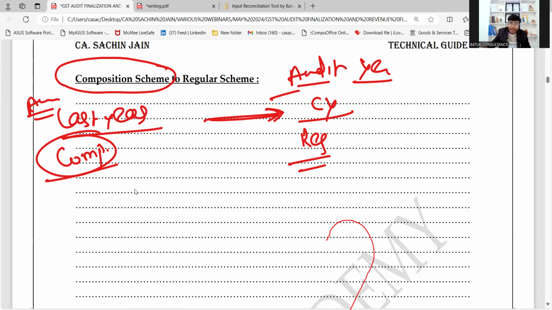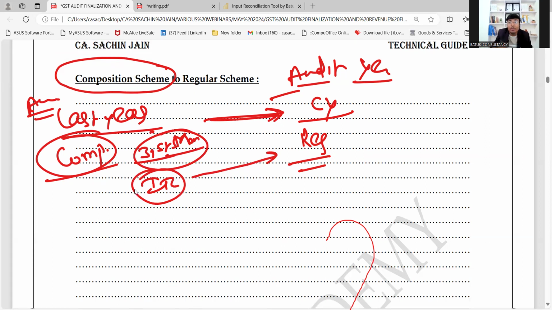Both things are there. So whatever goods are in the hand of that person as on 31st March, and whatever ITC is on those goods, that person is eligible to claim now. That person is eligible to transfer that input tax credit into the electronic credit ledger, because from April onwards that person is going to pay taxes at a normal rate and claim the input tax credit, okay.